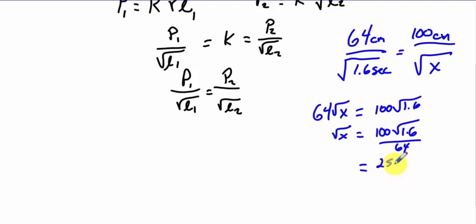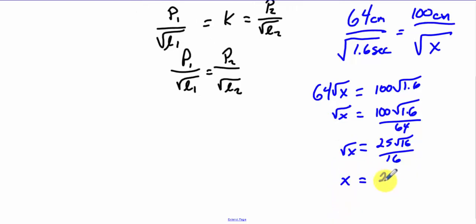This is 25 root 16 over 16. That's square root of x, square both sides. 25 squared, 16, 16 squared. x is going to equal roughly 39.06. And that's going to be in seconds.